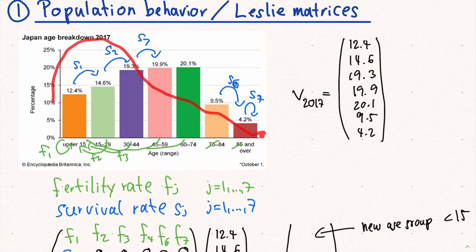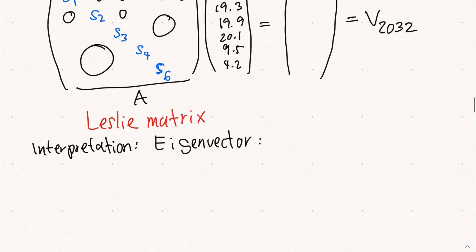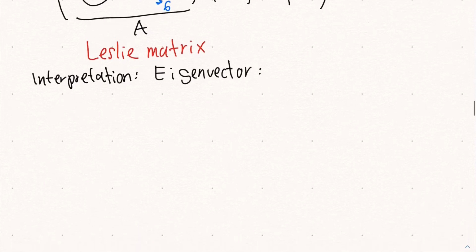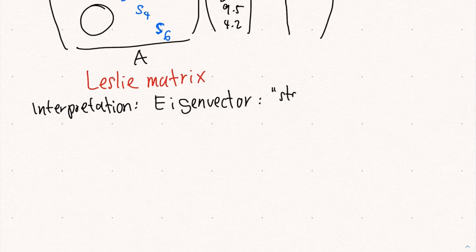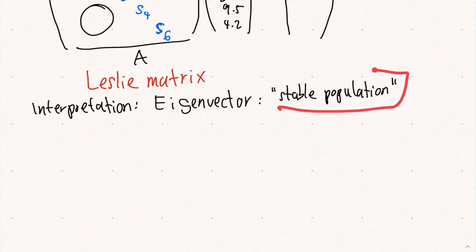Well, in reality it's quite low, but assuming the fertility rate is quite high, then maybe we get something like this, and maybe this would give an eigenvector, and then this would mean that after 200 years we will always have this shape, assuming that these rates do not change. So the eigenvector is somehow a stable population. I hope it's clear what I mean by this.